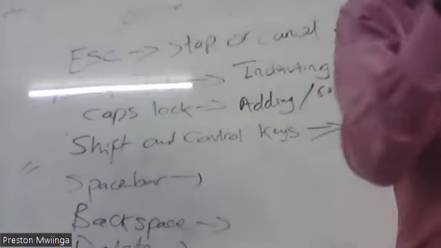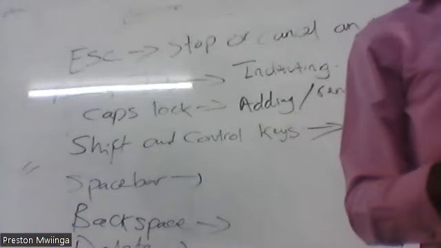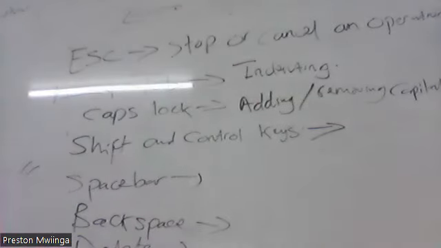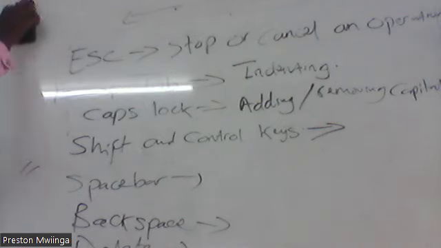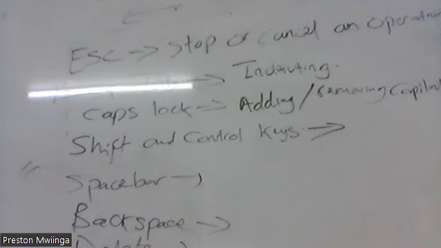Meaning from your right to your left. Okay? So meaning if I have my backspace key, I need to place the cursor here. You see? Then from here, I'll be able to do it going on the other side. You see?